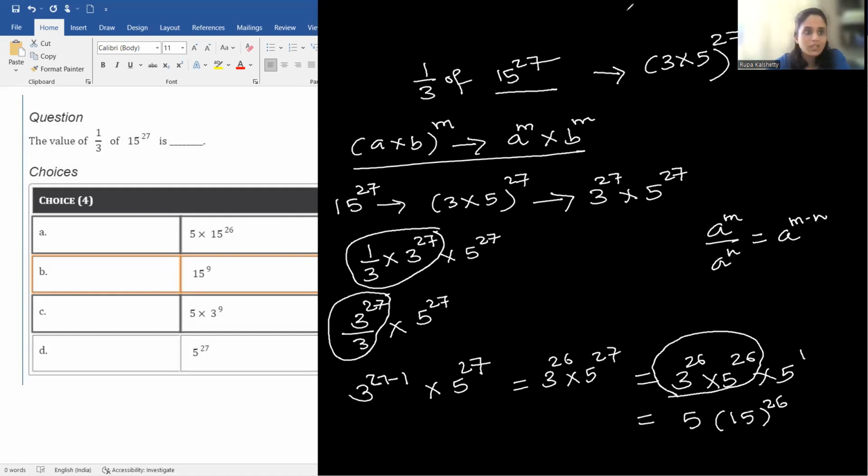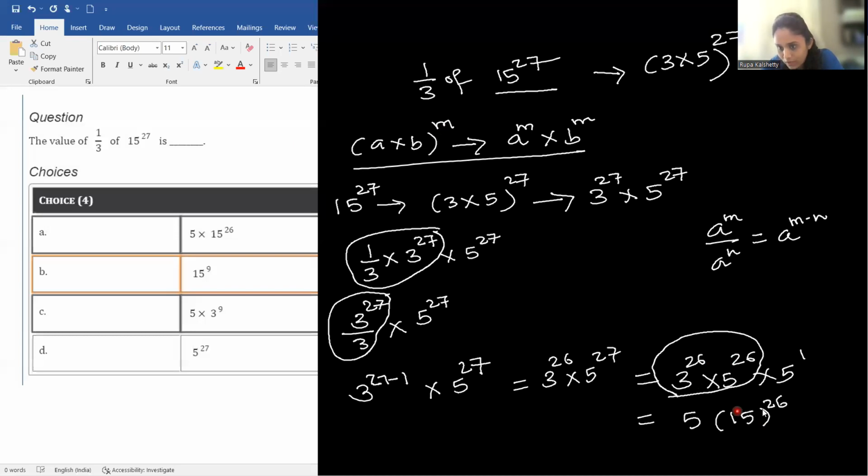We have just done the reverse of the earlier step: when they were separate, we wrote them together here. So a to the power of m times b to the power of m can be written as the bracket a times b to the power of m.